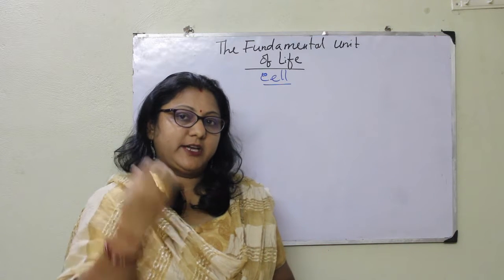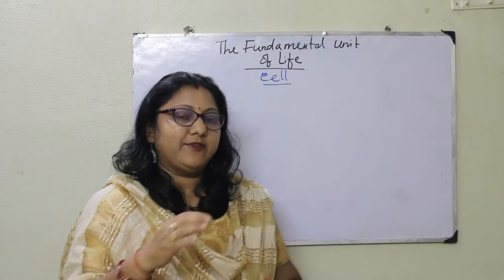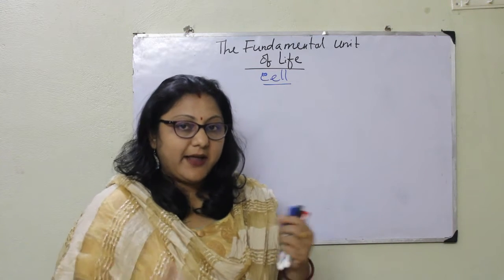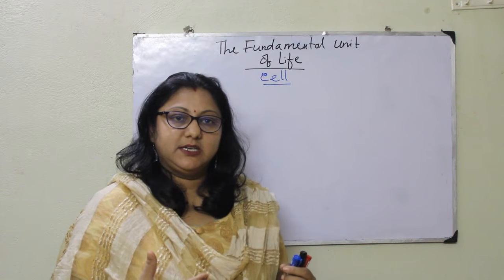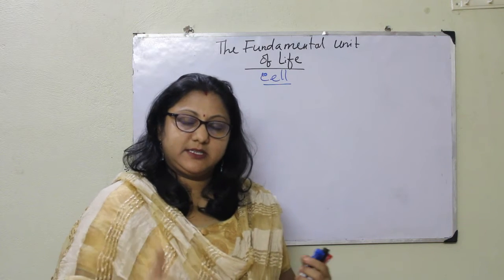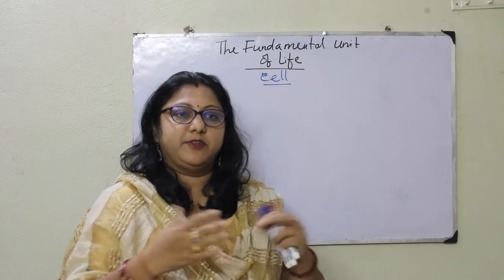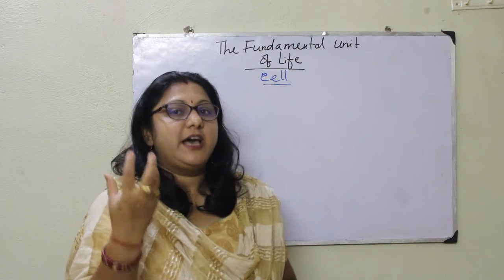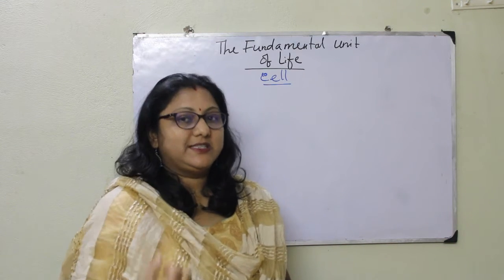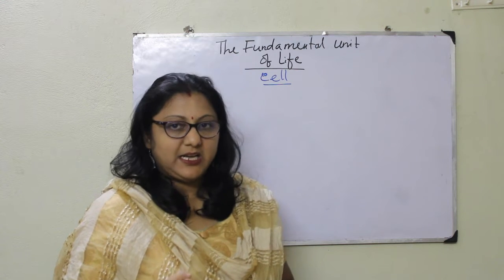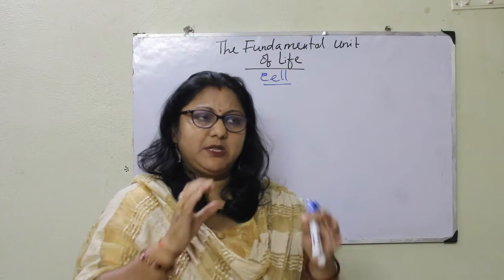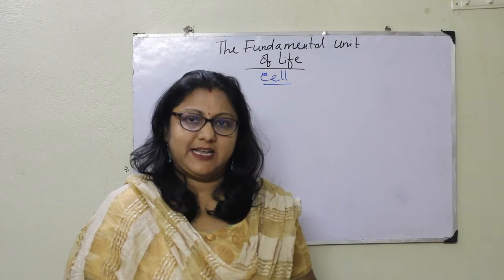This fundamental unit of life is present in all living organisms, and the different types of activities it carries out help the organism to sustain its life. Clear? Now we will have a simple introduction to the cell.